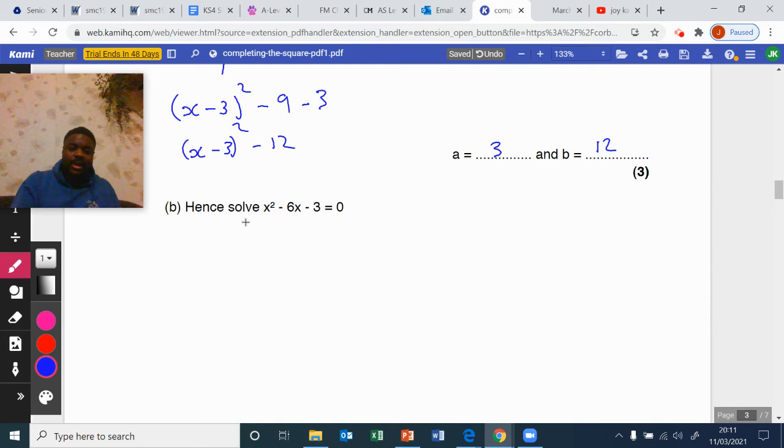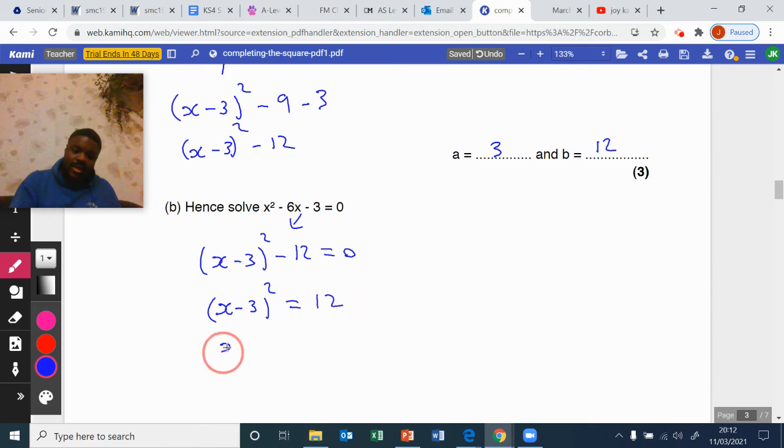So what we can do is write our complete the square form, which is (x minus 3) all squared minus 12 is equal to 0. So this is the same thing as that expression underneath. Adding 12 to both sides gives us (x minus 3) squared equals 12.